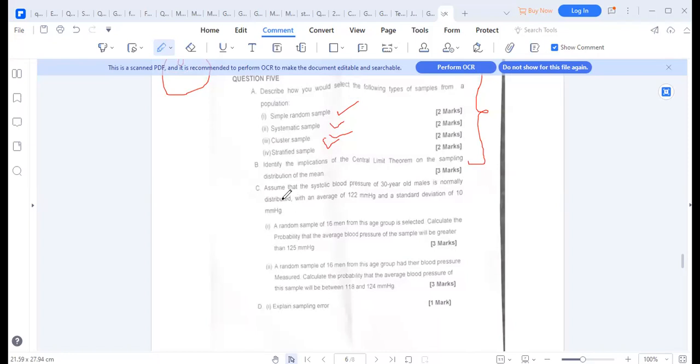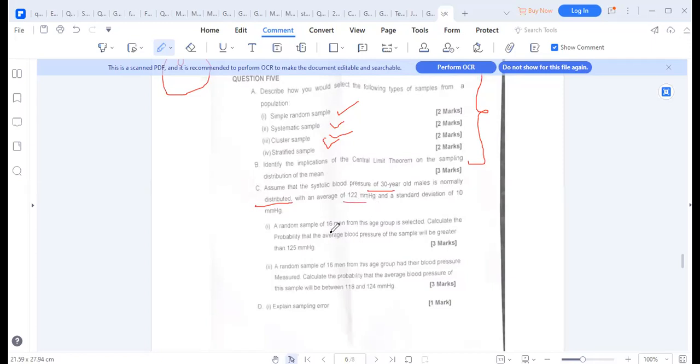We are told to assume that the systolic blood pressure of a 30-year-old male is normally distributed with a mean of 122 and a standard deviation of 10. So what are we given here? The 30 is just the years, don't use that. Normally distributed, so we're using the normal distribution.